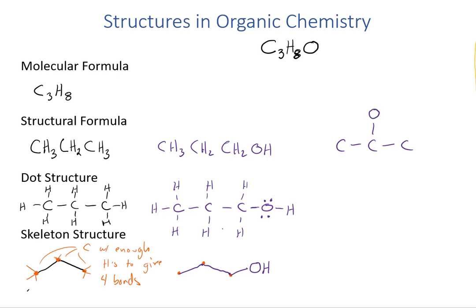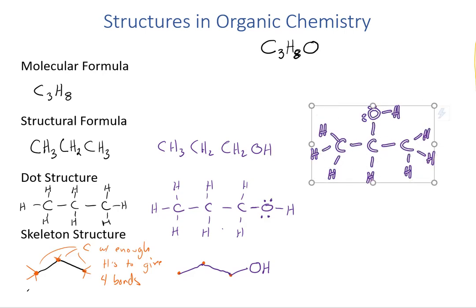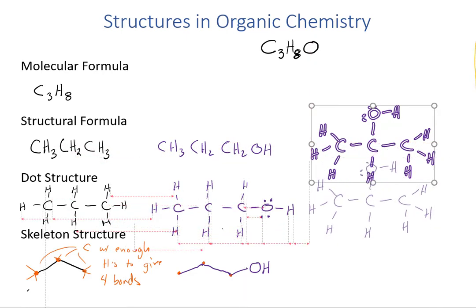If we then flesh out each atom with the appropriate number of hydrogens, note we need 1 in the middle here, then we'll find that we have still the right number of hydrogen atoms, 1, 2, 3, 4, 5, 6, 7, and 8. And that once we put the lone pairs on the oxygen, we have a complete dot structure.